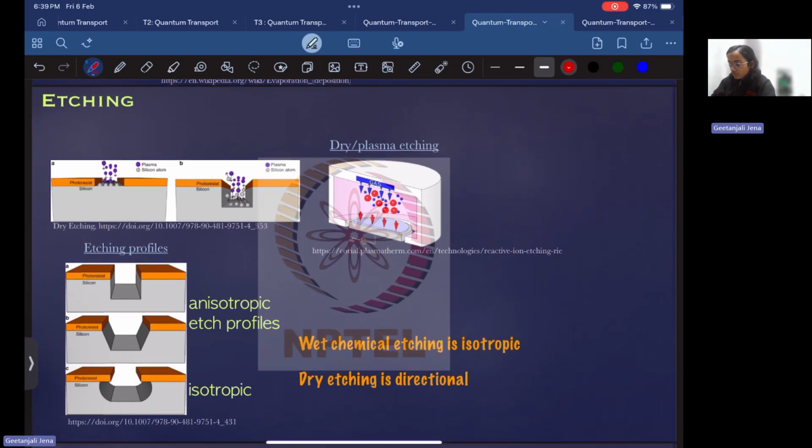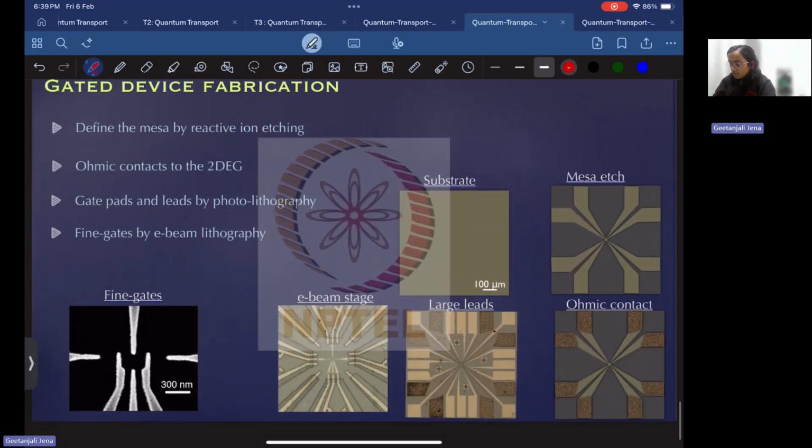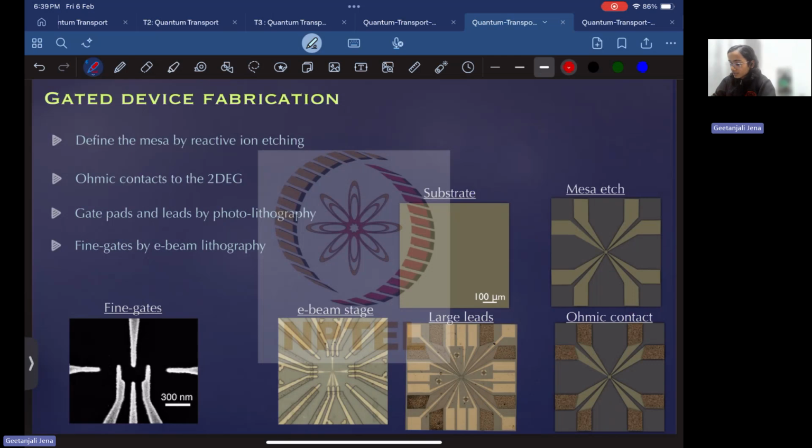Dry etching is not isotropic, but highly directional. So if you want a sharp profile, then we can use the dry etching technique. Okay, so these are some of the microscopic images of the gated device fabricated using either electron beam lithography or photolithography.